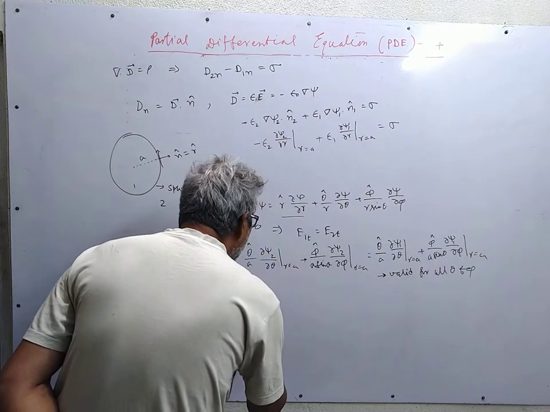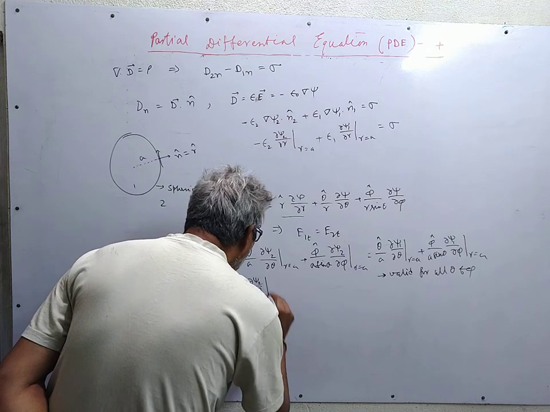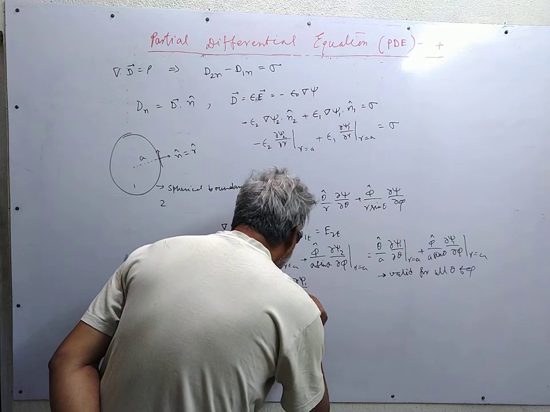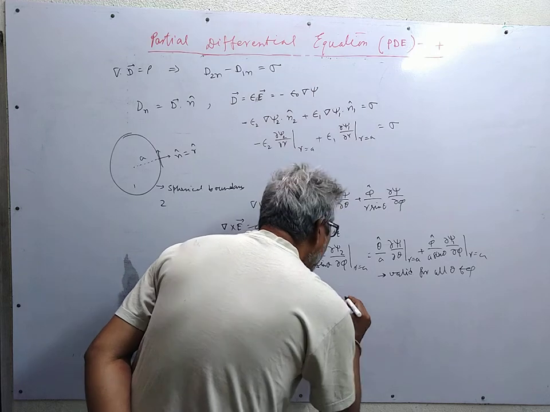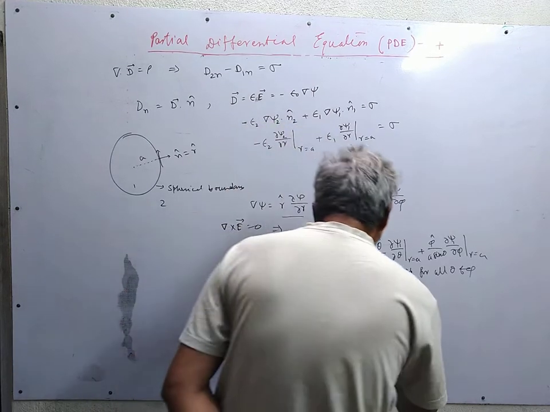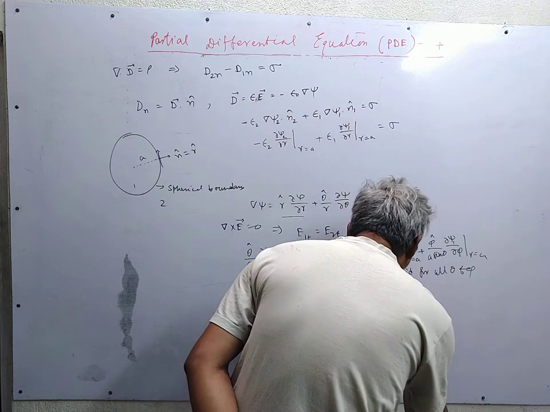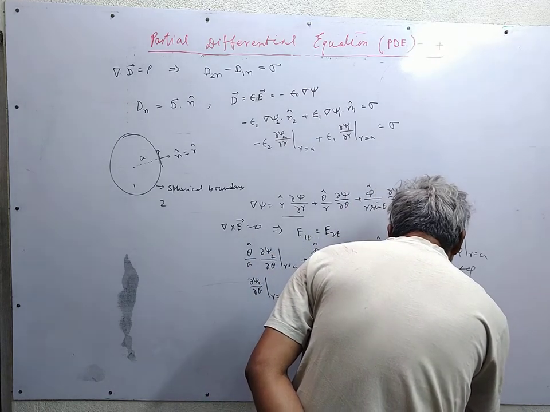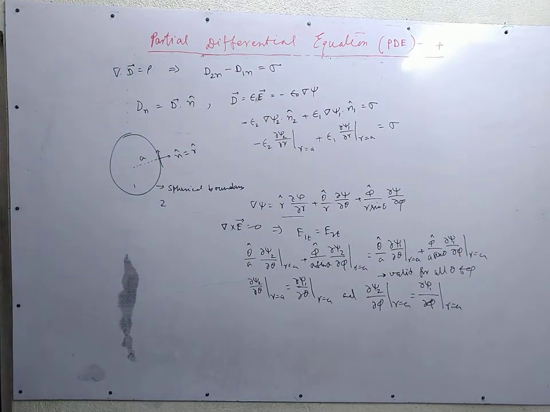That is, del psi 2 del theta on the boundary is equal to del psi 1 del theta at the boundary, and del psi 2 del phi at the boundary is equal to del psi 1 del phi at the boundary. The simplest solution is psi 1 is equal to psi 2, which satisfies this condition.